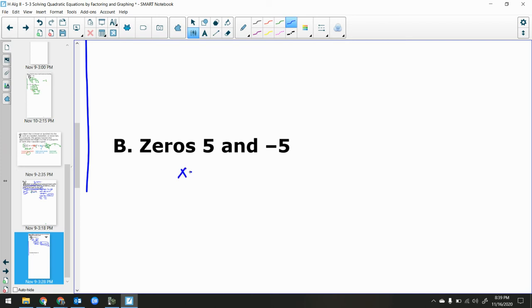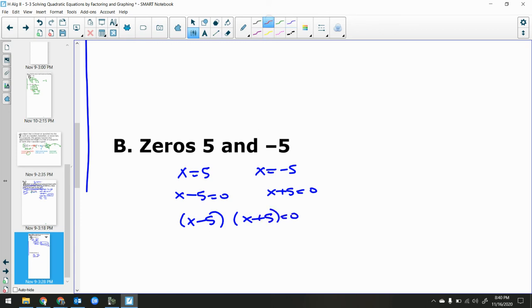Okay, so the end result would be x is equal to 5 or x is equal to negative 5. So let's get our factors. X minus 5 equals 0, x plus 5 equals 0. So that means we have x minus 5 here, x plus 5 here, and now we FOIL these together.